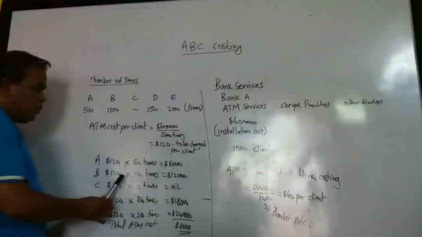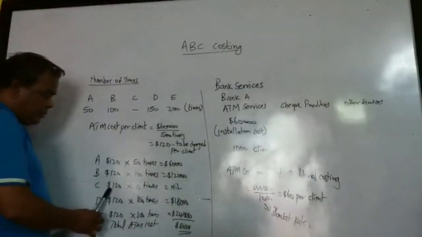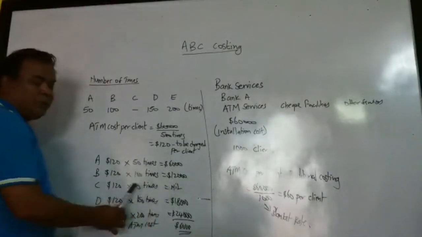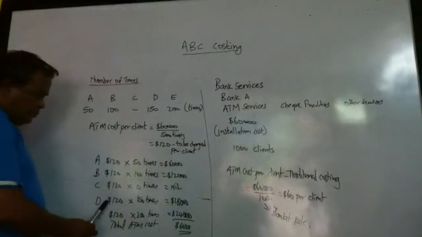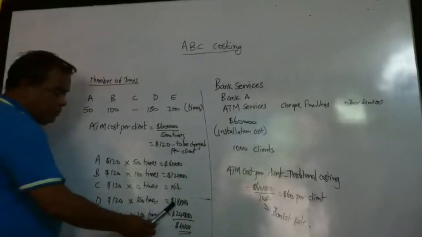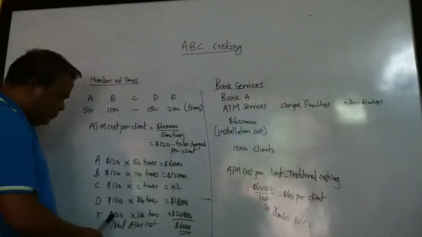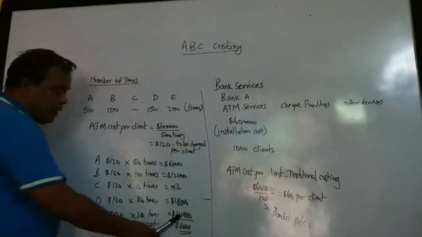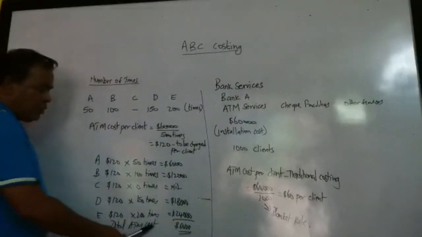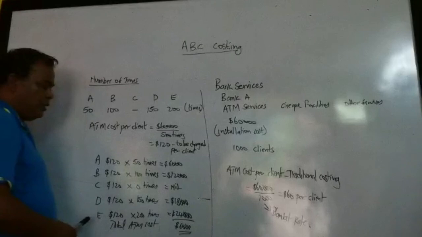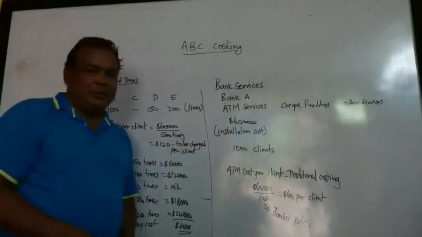B is using 100 times, he will have to pay $12,000. C is not using, so no charge will be in the account of C. D is using 150 times, so he will have to pay $18,000. E is using 200 times, therefore he will be charged $24,000. In total, the cost of the ATM is $60,000. This will reflect the accurate cost per client.